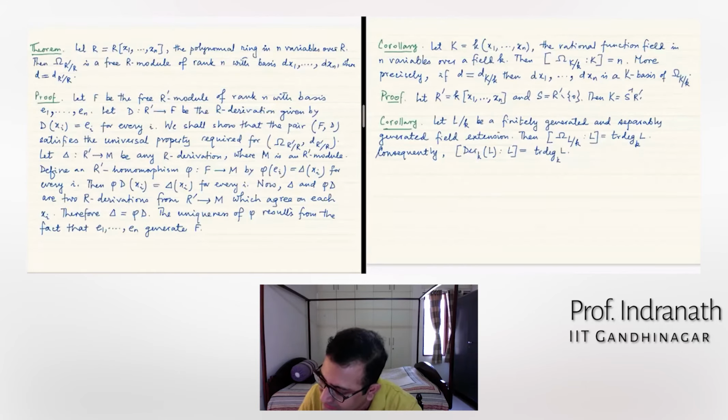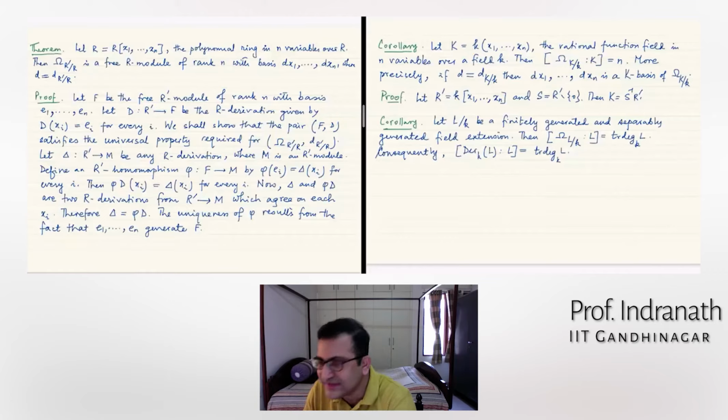If you have the rational function field in n variables, then your module of Kähler differentials, that is big K over small k, has dimension n over capital K. More precisely, if d is the universal derivation for this extension K over k, then dx1, ..., dxn is a K-basis of Omega_{K/k}.